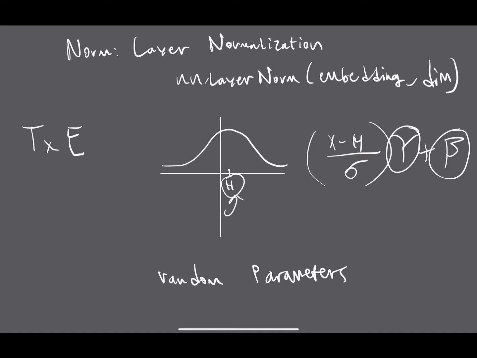Let's say for every word, we had a vector that encapsulates the meaning of that word, and that was our embedding vector of size E or of size embedding dim. When we say we are going to do layer normalization, it means we are going to normalize the actual feature, not necessarily the time steps or the batch dimension. If we had, say, multiple examples being fed in and we had batch by T by E, we're still going to normalize along the embedding dimension. So for every single time step, we have a vector, and we're going to normalize along that dimension.